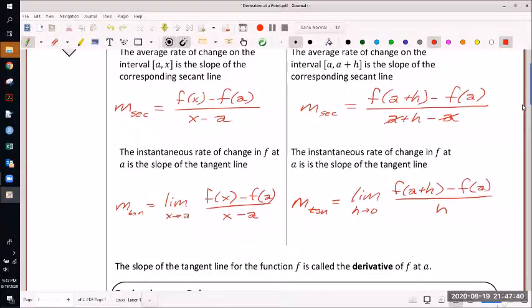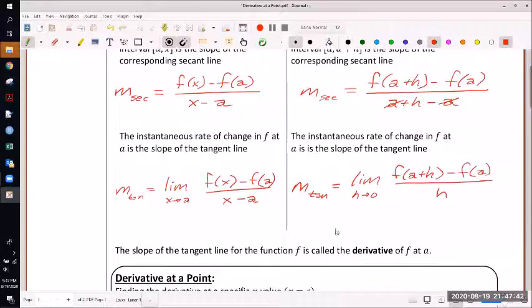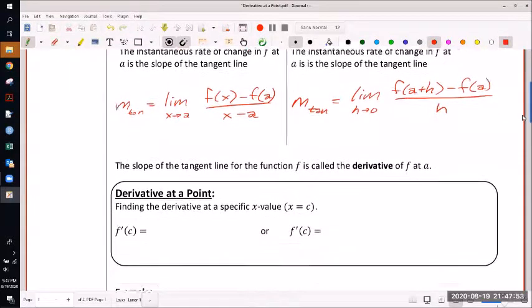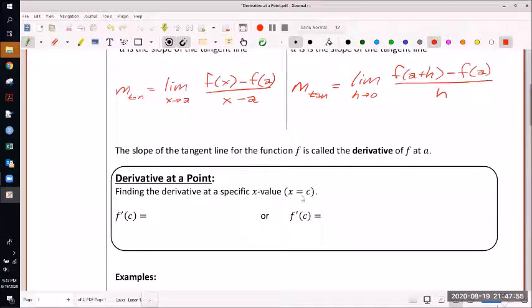Okay, well, the slope of the tangent line for the function f is called the derivative of f at a. So this would be the derivative of f at a, and this would be the derivative of f at a as well. So finding the derivative at a specific value, in this case, we'll find the derivative at x equals c. Here I might use this notation, I'll just shake it up a little bit.